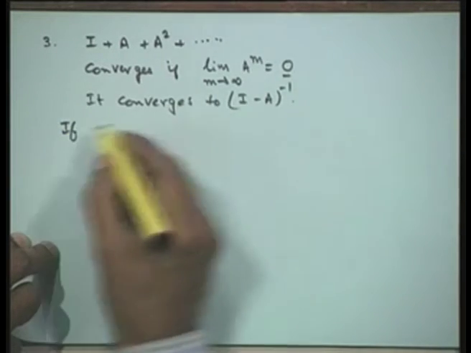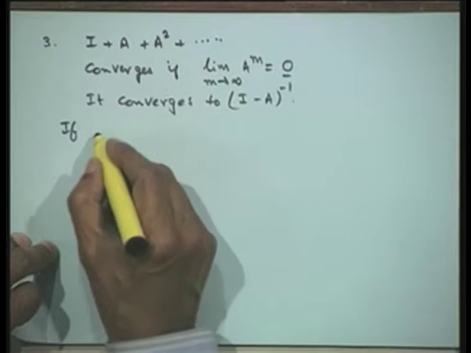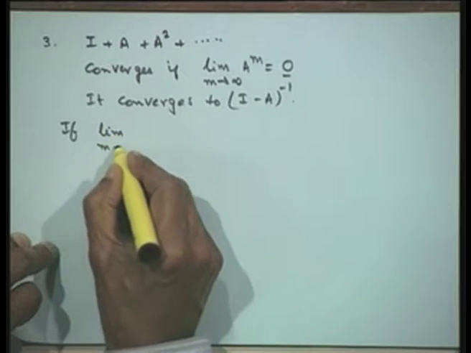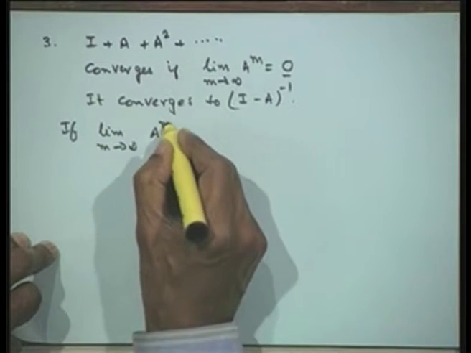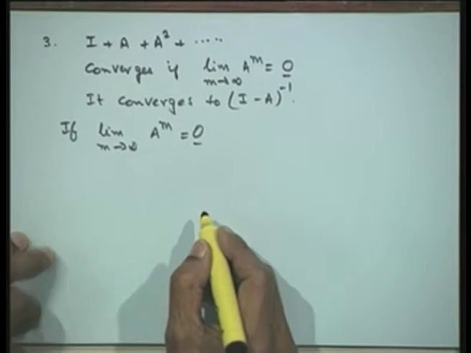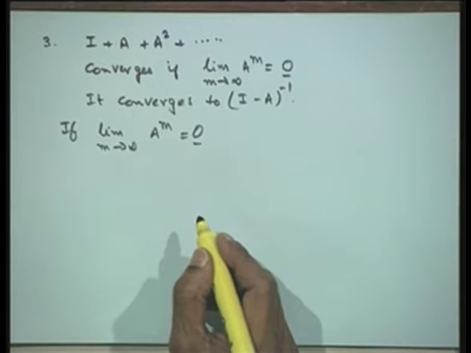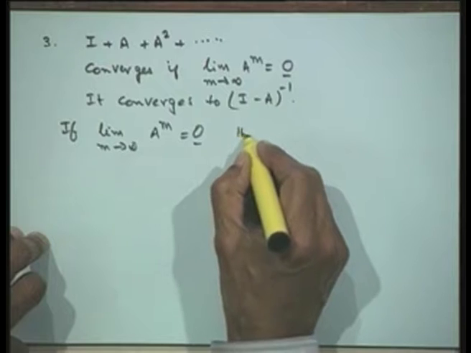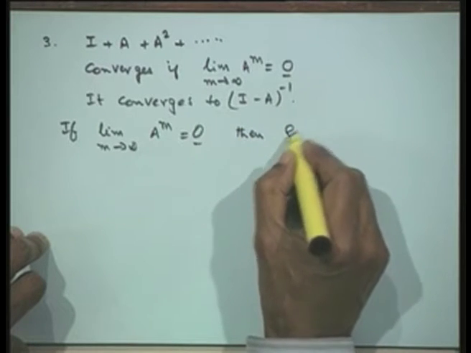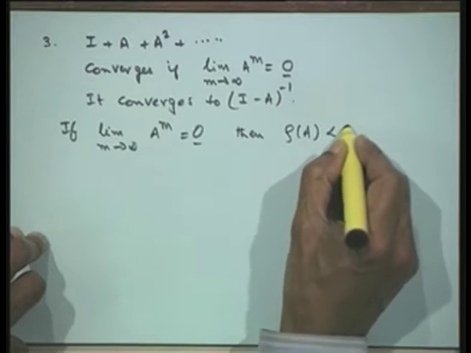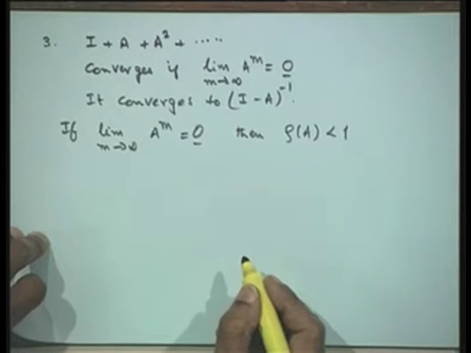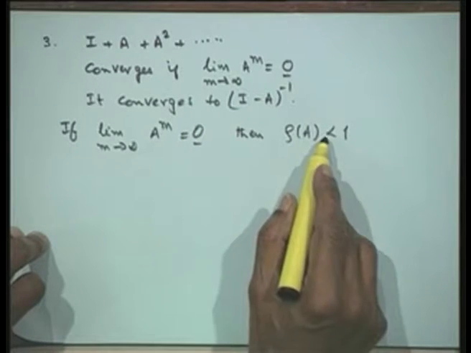So let us take, if this is true, if limit m tending to infinity A to the power of m is null, then from the previous result spectral radius of A is less than 1. We have just shown that spectral radius is less than 1.